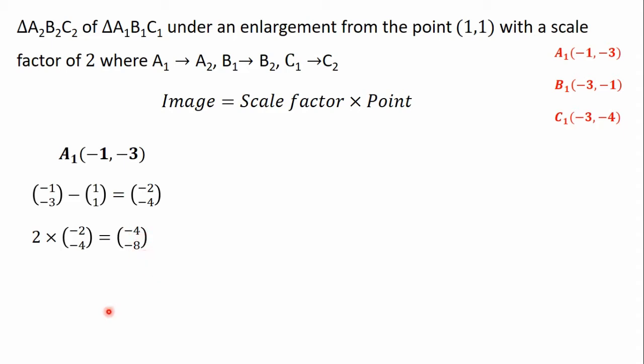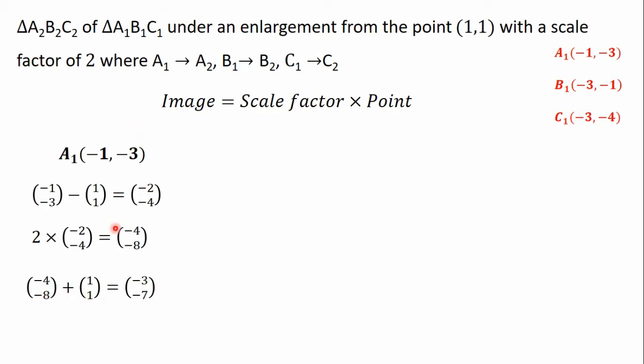The third and final step says that we should add the result in step 2 to the center of enlargement. The result in step 2 is -4, -8. The center of enlargement is 1, 1. So we are going to have -4, -8 plus 1, 1. -4 plus 1 gives us -3, -8 plus 1 gives us -7.